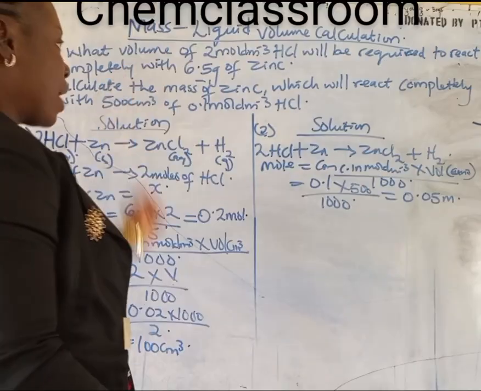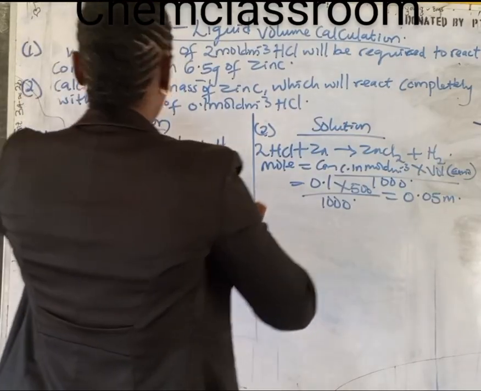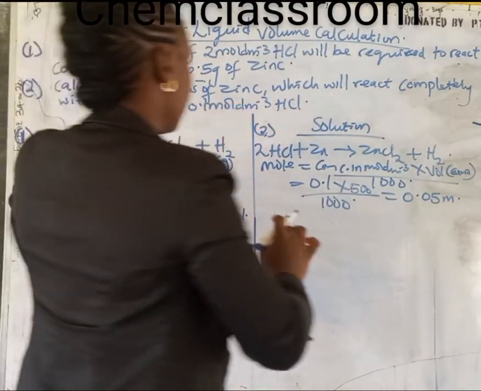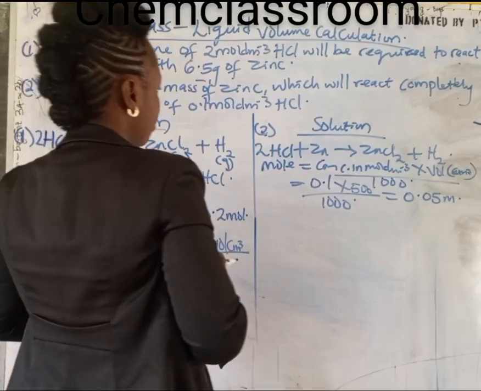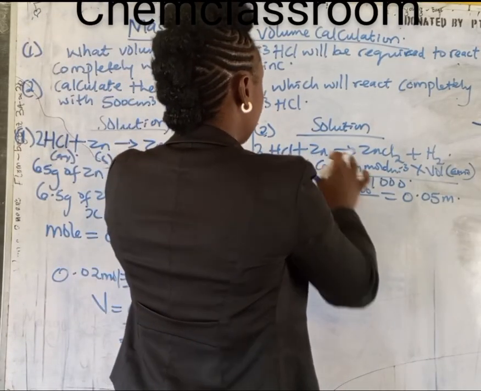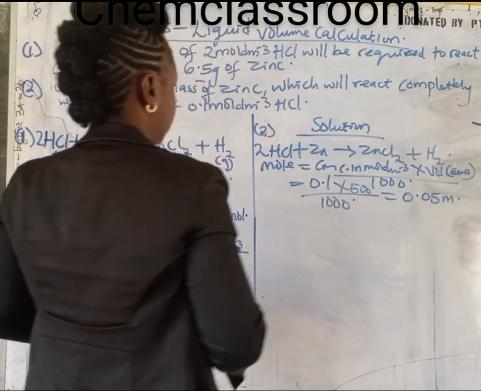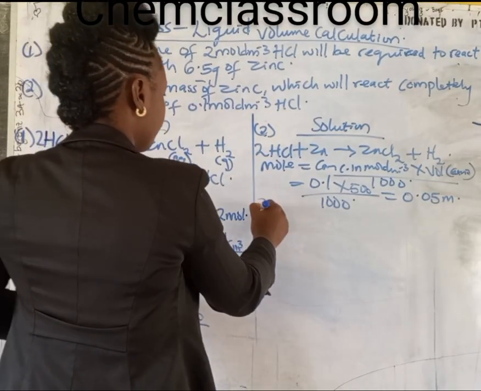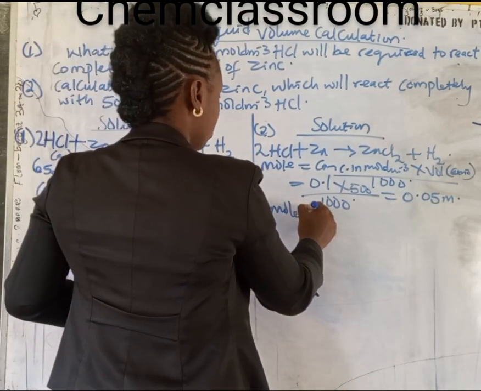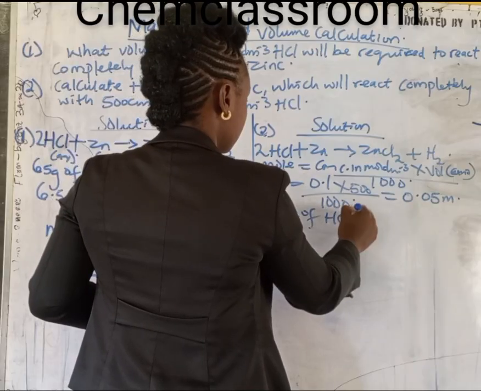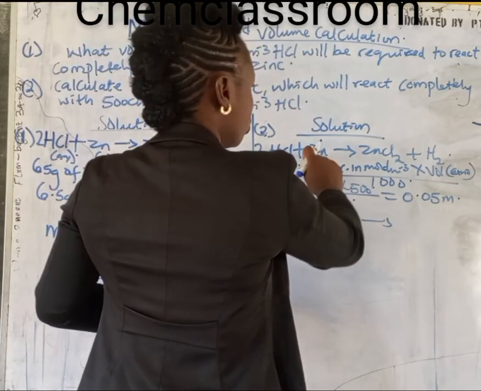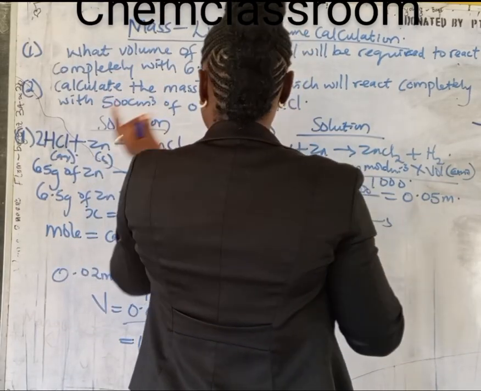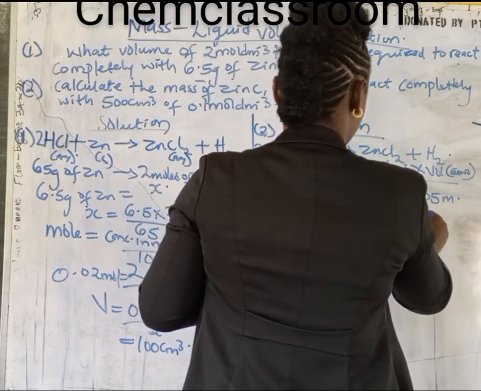So I will now go back to the question. I'm looking for the mass of zinc. The relationship here is still between HCl and zinc. In the reaction itself, 2 moles of HCl reacted with 65 grams of zinc, since the molar mass of zinc is 65.